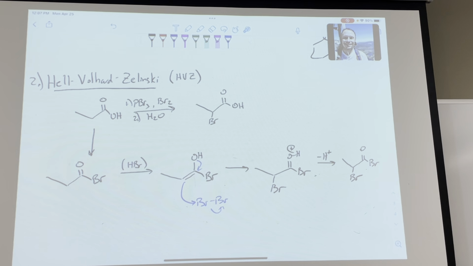Yep, the water is just going to come in and hydrolyze the acid bromide and give you back the carboxylic acid. So while it looks as if the Hell-Volhard-Zelinsky is a halogenation of a carboxylic acid, it's really not. Right? It's actually the halogenation of an acid bromide.